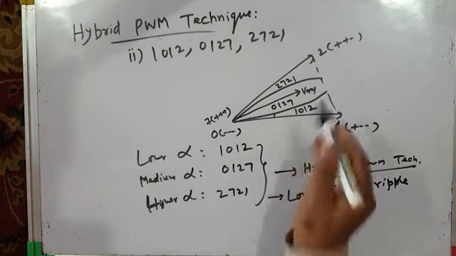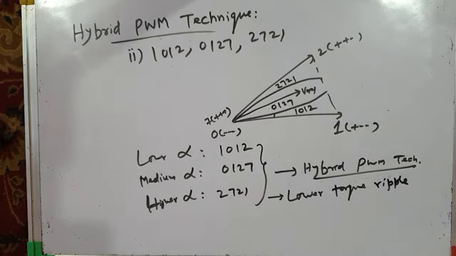The hybrid PWM techniques have not been fully explored by researchers. You will not find much literature available on hybrid PWM techniques. Much more needs to be explored. More research work needs to be done in this area for the implementation of hybrid PWM techniques in order to reduce the torque ripple in induction motor drives.